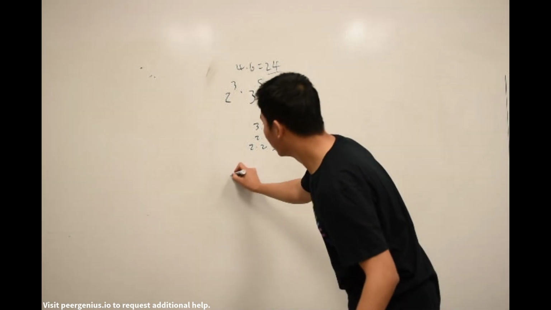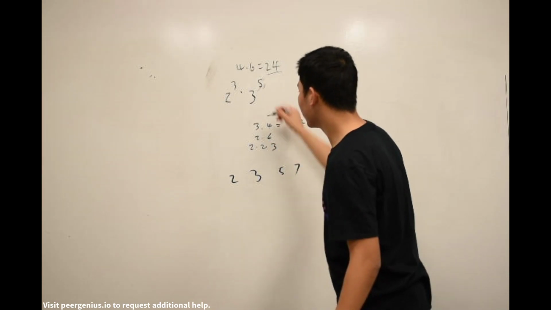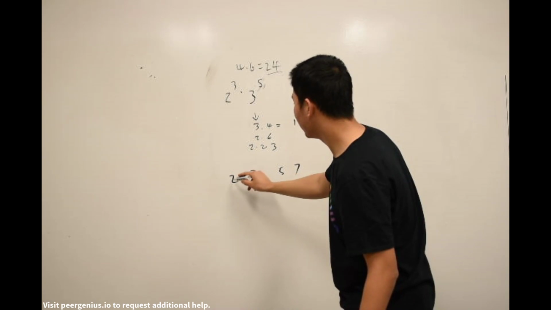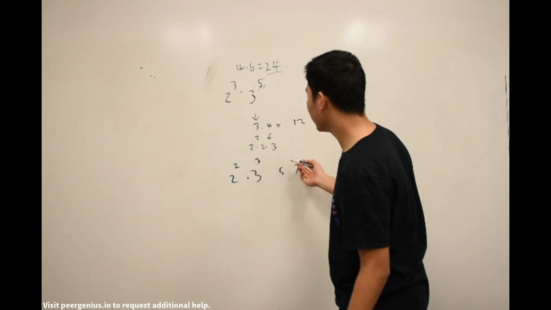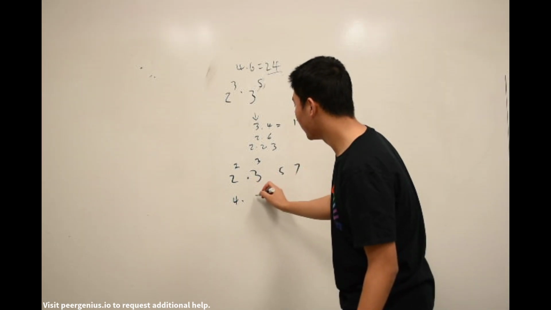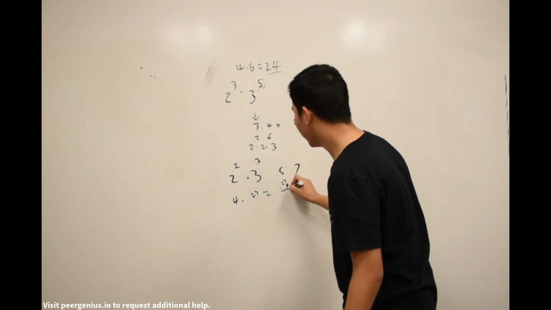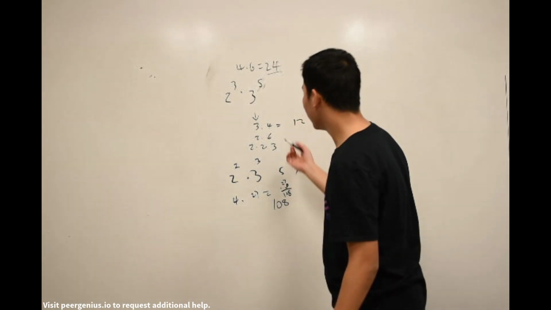Because it's prime factorization, we use 2, 3, 5, 7. Let's use the first case, 3 times 4. We put 2 squared times 3 cubed, which is a possible choice. This is 4 times 27, which is 108.